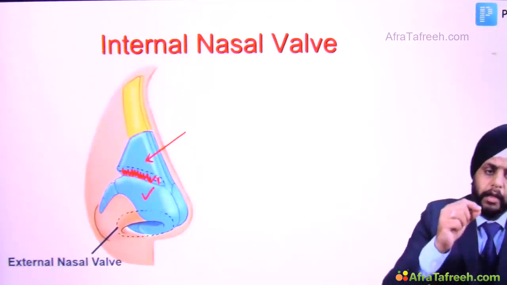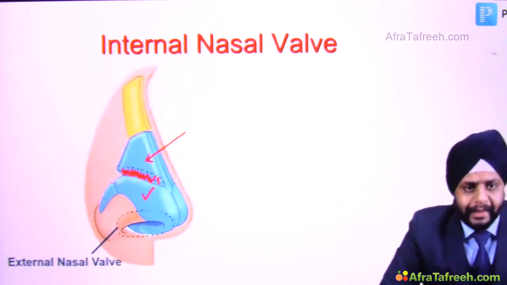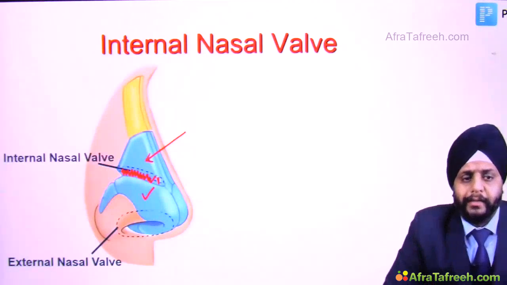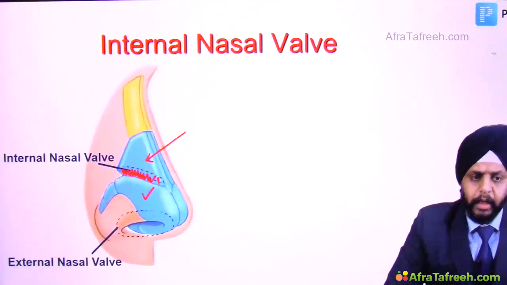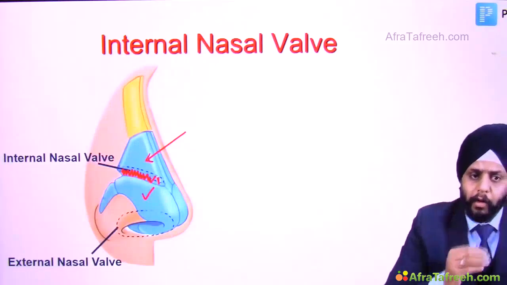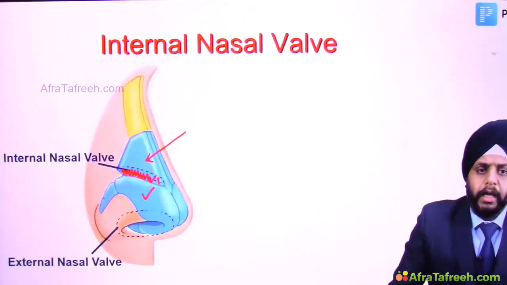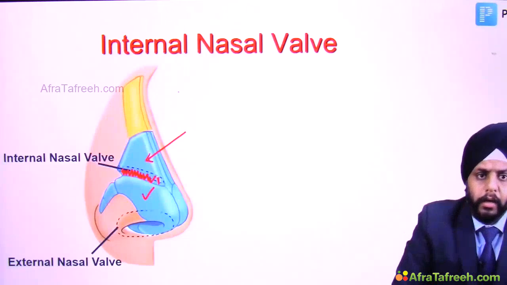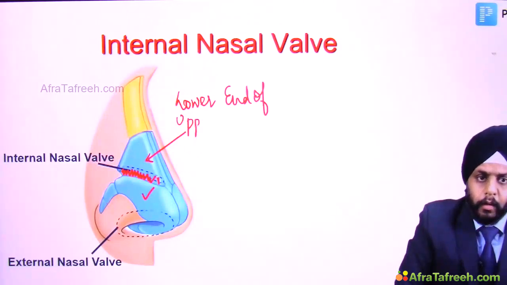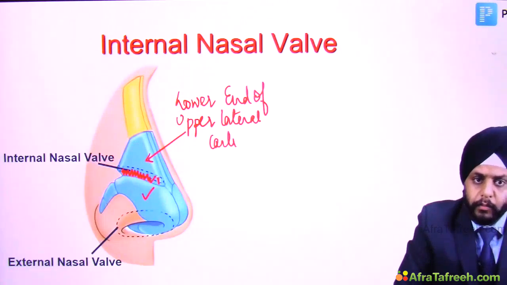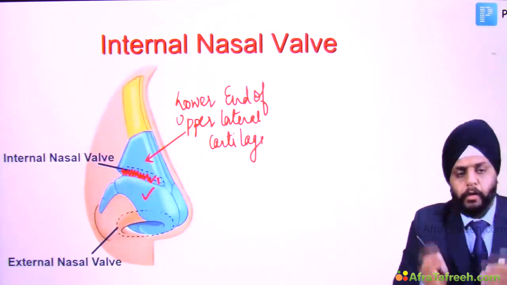And the second, the more important valve is the internal nasal valve. Okay, this internal nasal valve is formed by lower end of upper lateral cartilage. So that is on the one side.